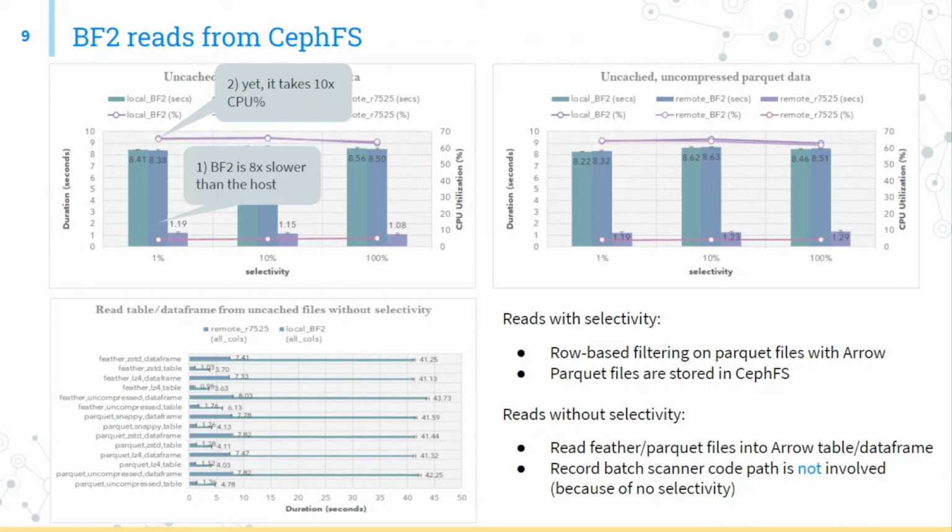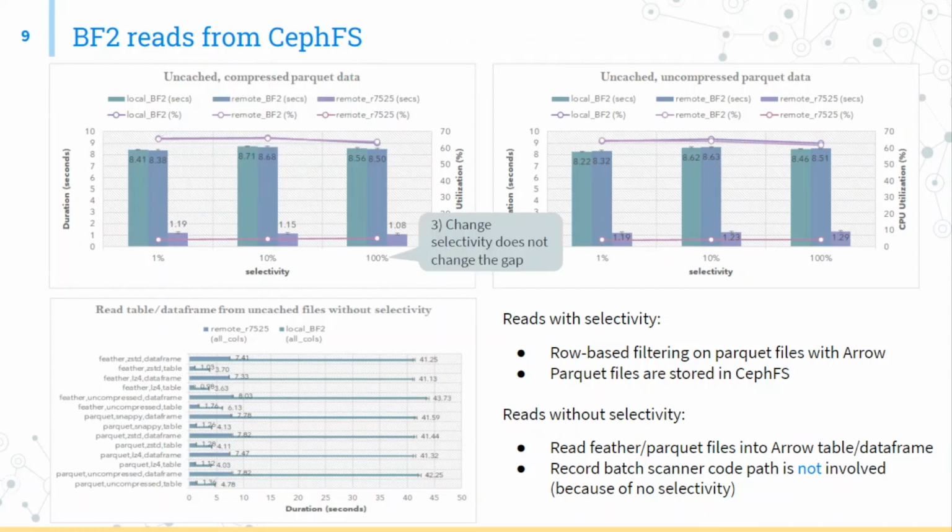In other words, the Preview 2 card takes more than 60% of the CPU to perform a simple row-based selection, while it is still 8 times slower than the host doing the same task. Increasing the row-based selectivity doesn't help to reduce the performance gap, nor does making the Parquet file uncompressed so that the data decompression overhead is removed.